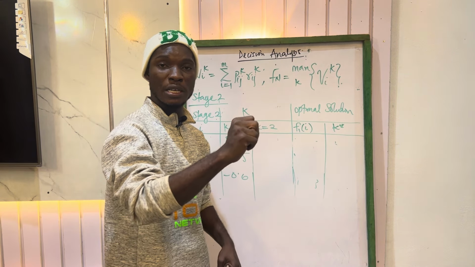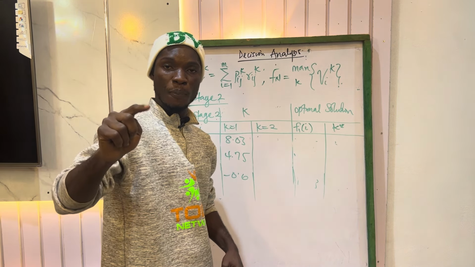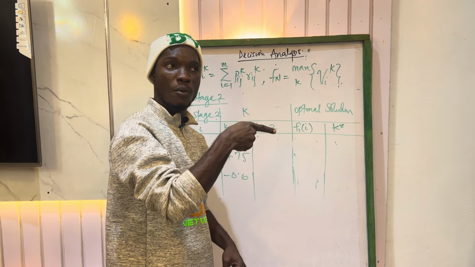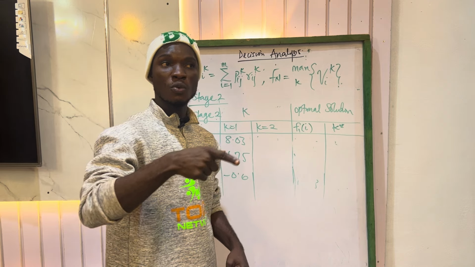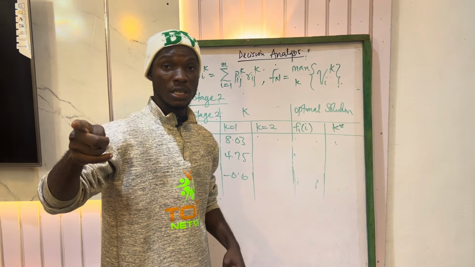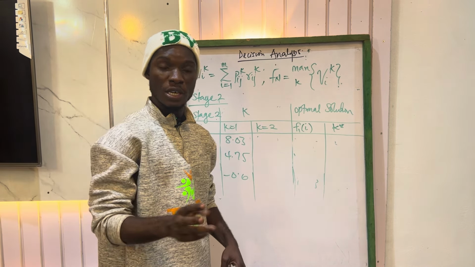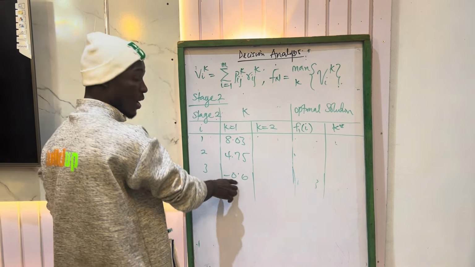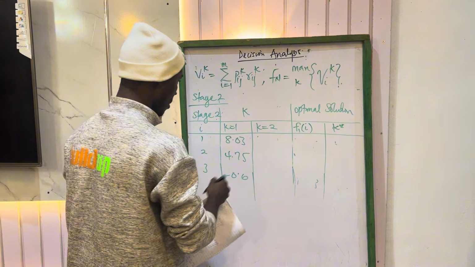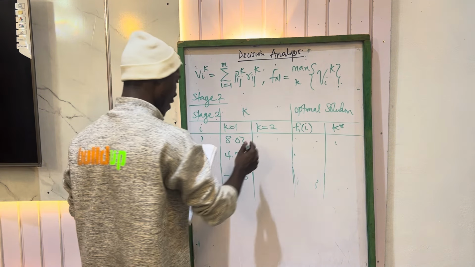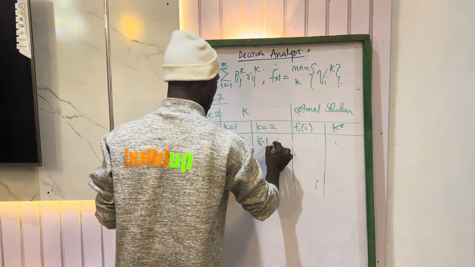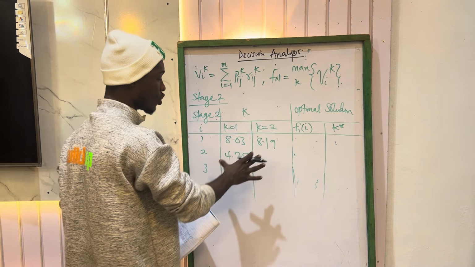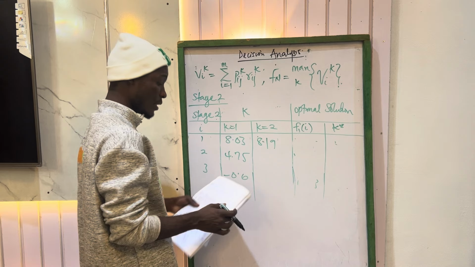So it should be minus 1 plus 0.4, which is going to give us minus 0.6 for this aspect. Then we have 8.19. Please use your calculator to confirm all these figures. I'm very sure that this one is minus 0.6.